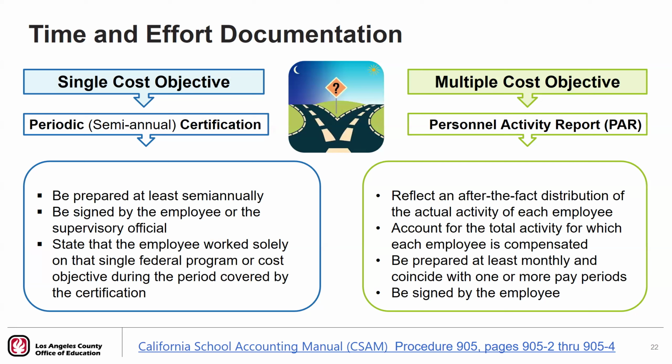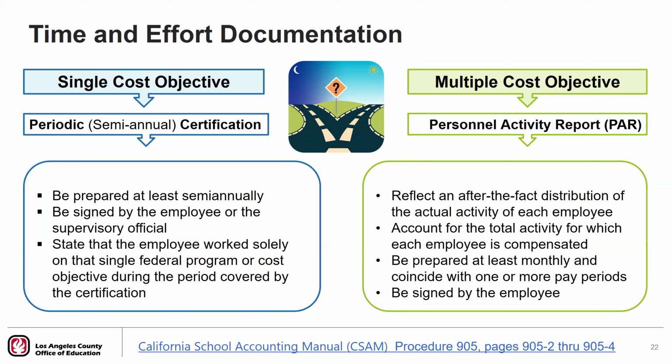And the periodic certification must be prepared at least semi-annually or twice a year, be signed by the employee or the supervisor officially having firsthand knowledge of the work performed, and state that the employee works solely on the single federal program or single cost objective during the period covered by the certification.